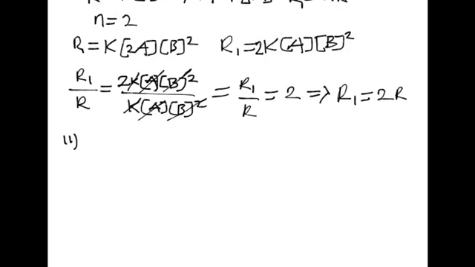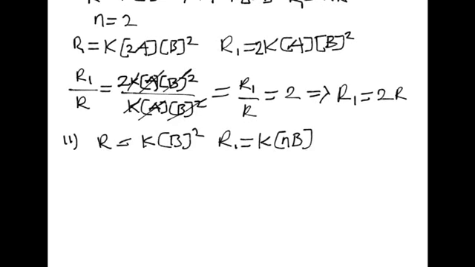This time we are doubling the concentration of B, but remember that B is a second order reactant. So we have R equal to K into brackets B squared, and now we are doubling it to give us R1, and then we have K into brackets nB, we increase the concentration by n, to the power square.